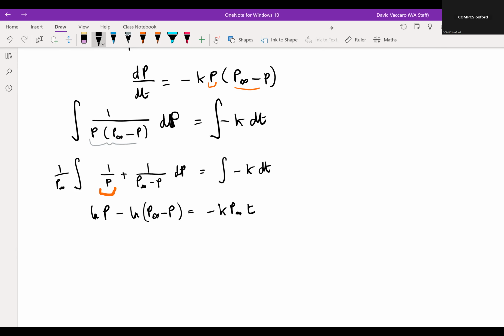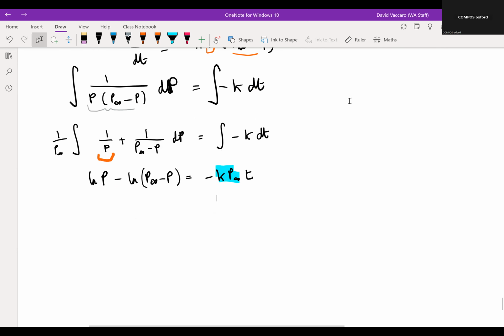If you get these sort of multiple constants, it's just a nice idea to wrap them up as one constant. So I might call k p infinity a new constant like r in a bit, because I'm just going to get bored of writing it. The logarithm on the left, I can use my law of logs. But what I should remember is I do need a constant of integration.